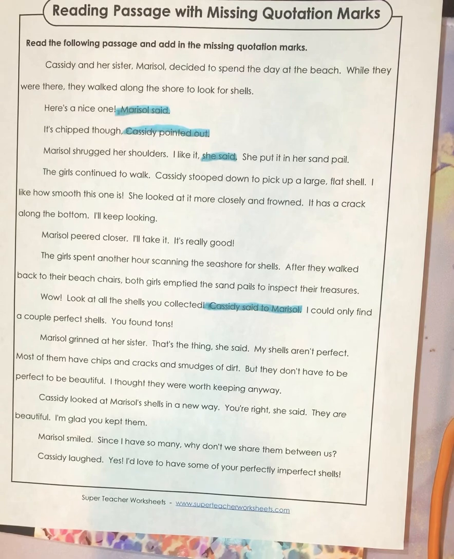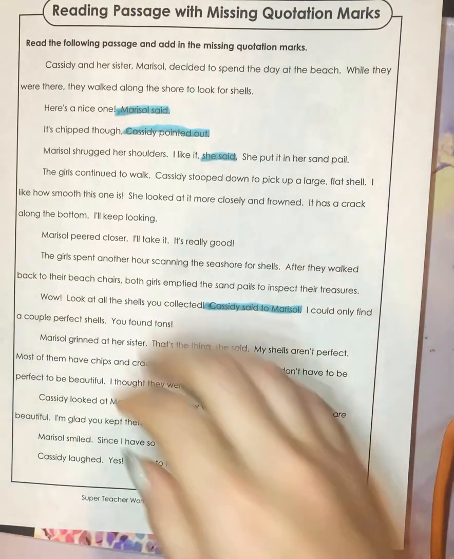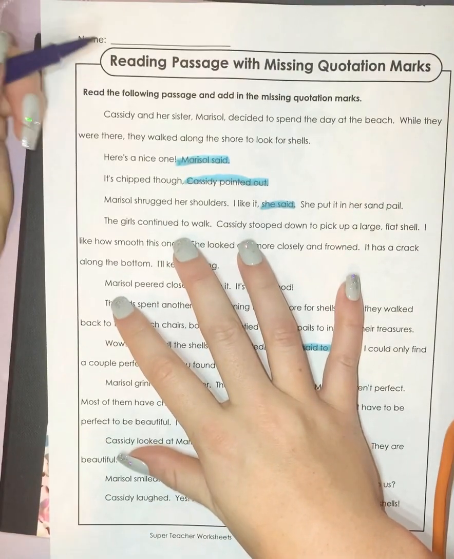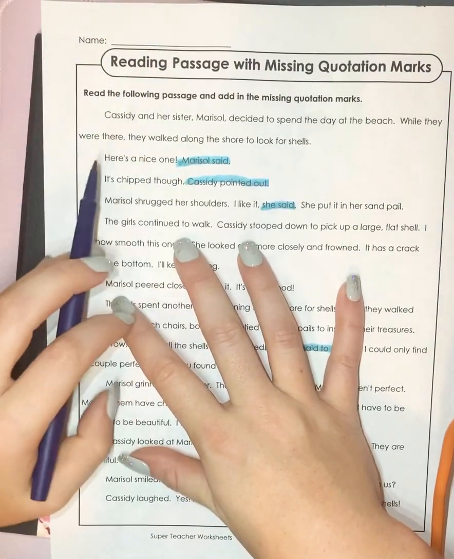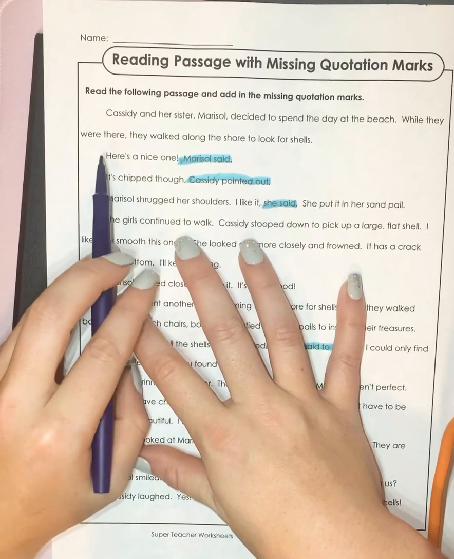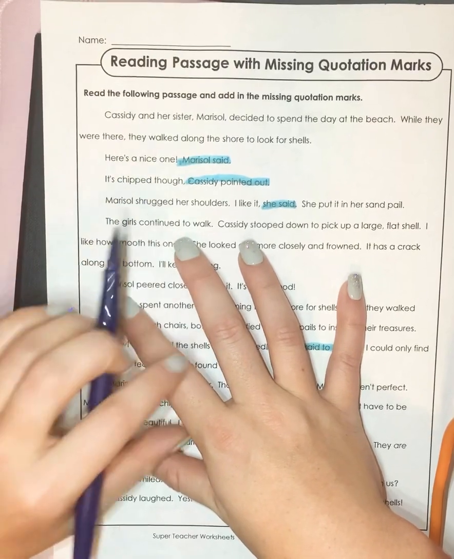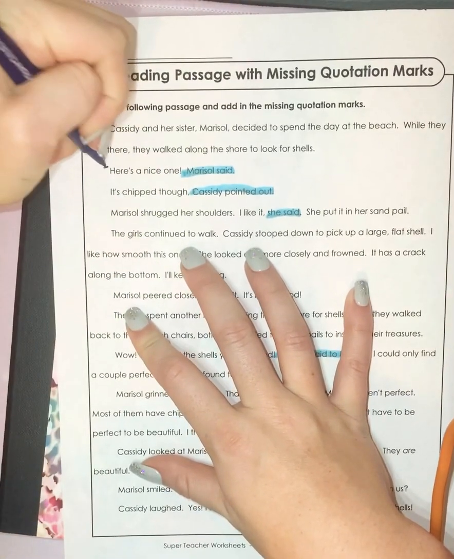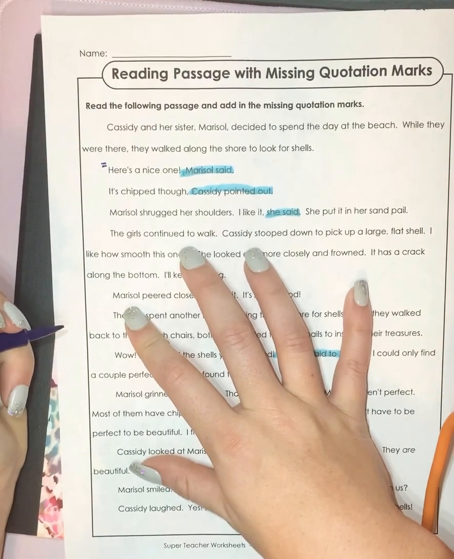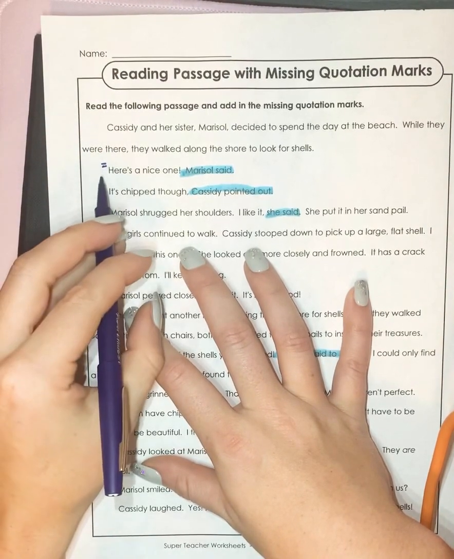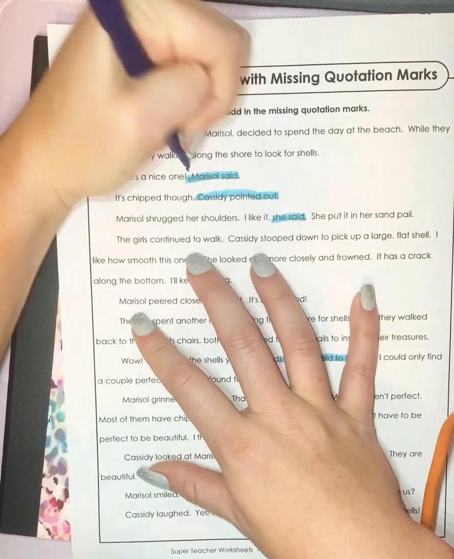Something important with quotation marks is that you need to have them at the beginning of what the person is saying and at the end. So here's our first one. Here's a nice one. We need quotation marks. There are two little lines at the top, at the beginning and at the end.